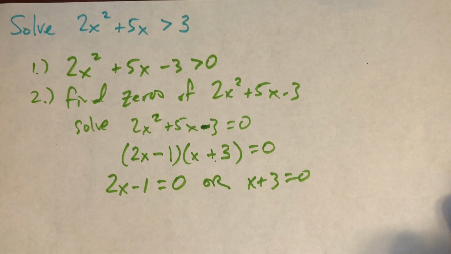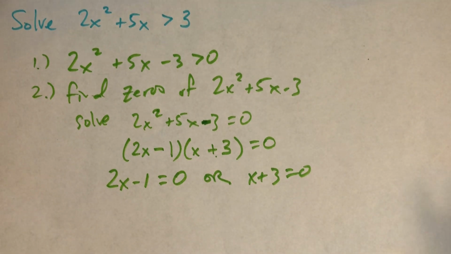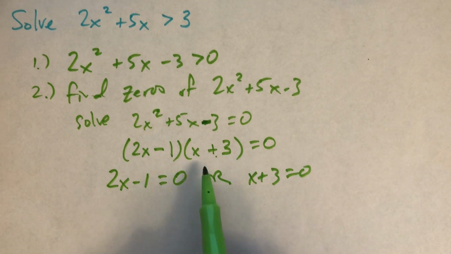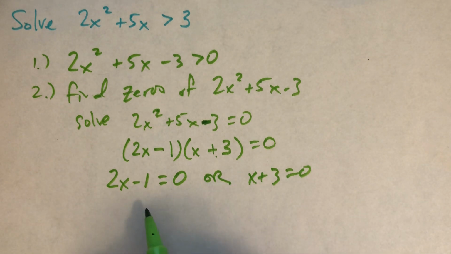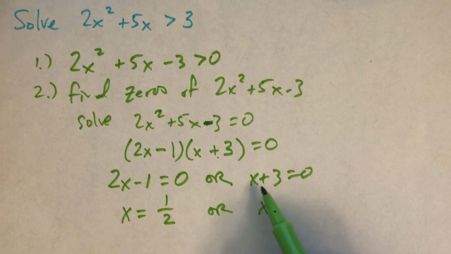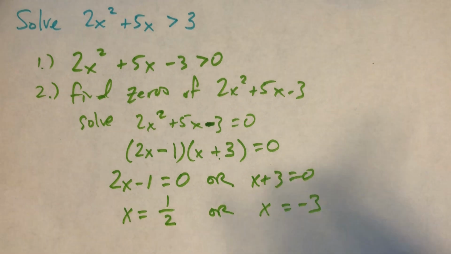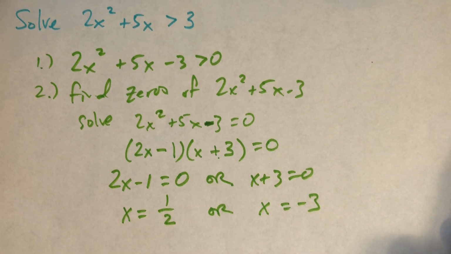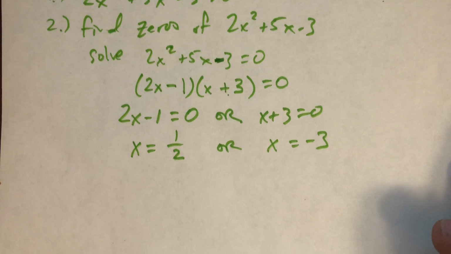I don't remember what this textbook calls it, usually it's called the zero product property, but we've done this before, so we can just get on with it. We would add 1 to both sides and divide by 2. Or over here, we'd subtract the 3 and get negative 3.